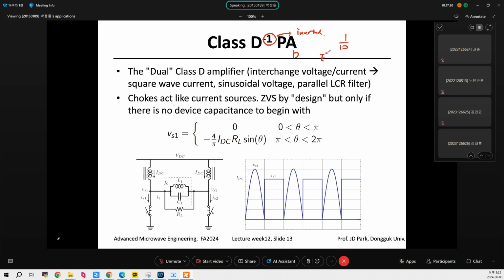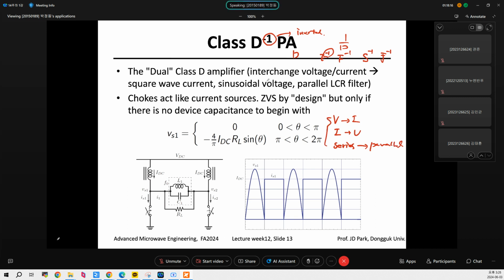There is class E inverted, class F inverted, class S inverted, class J inverted. What does that mean? The inversion means voltage becomes current, and current becomes voltage. Series resonance becomes parallel resonance. This is an inversion.